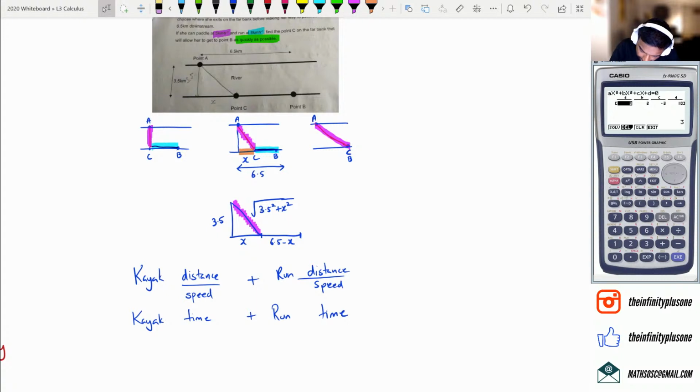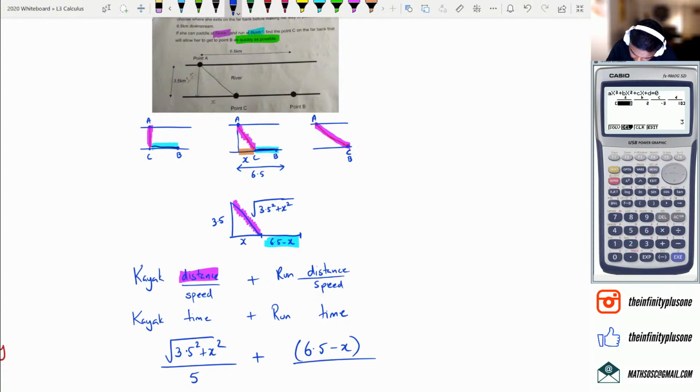So if we look at the kayaking distance that I've highlighted in pink, that's going to be the square root of 3.5 squared plus x squared divided by the speed, that's 5, plus the running distance, what did I color that? Blue. That's 6.5 minus x. So that's going to be 6.5 minus x, and now that's divided by 8, because that's going to give us the time.